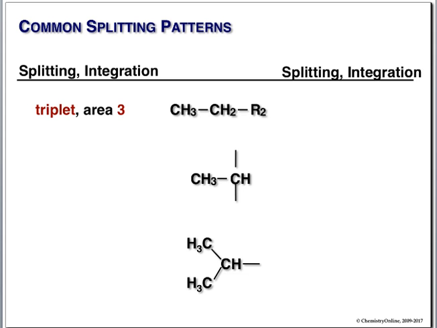The one on this side, this is the CH2, so its area will be 2. It is adjacent to 3 hydrogens, so it will be split into 4 peaks, and again, that's called a quartet.